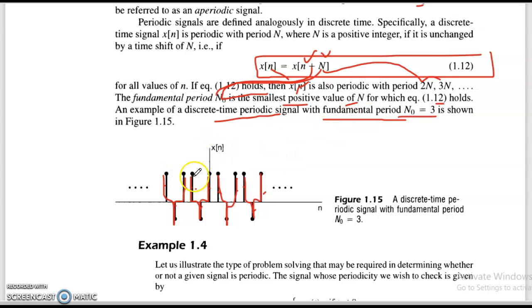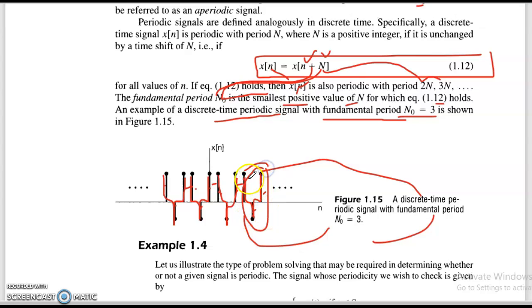So 3, equal distance, equal time period, as shown here. That's why this is a discrete time periodic signal with the fundamental period N equal to 3. This is 1, 2, 3. The fundamental period is 3.